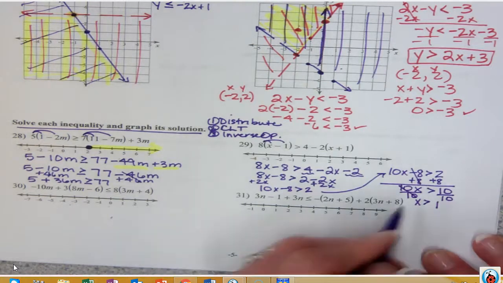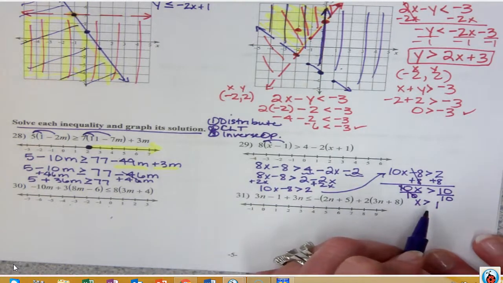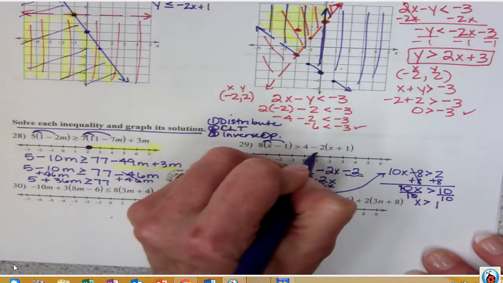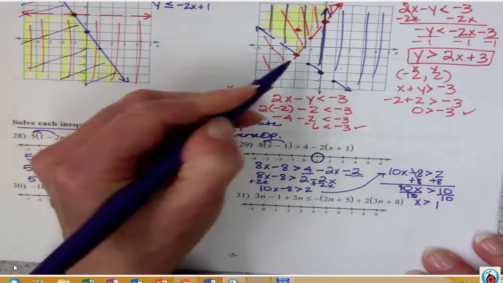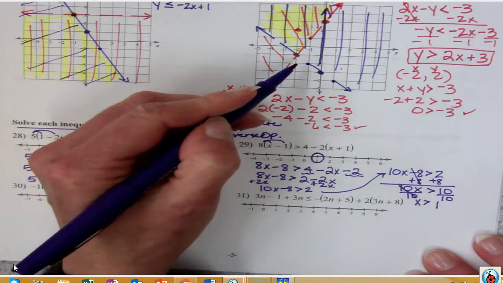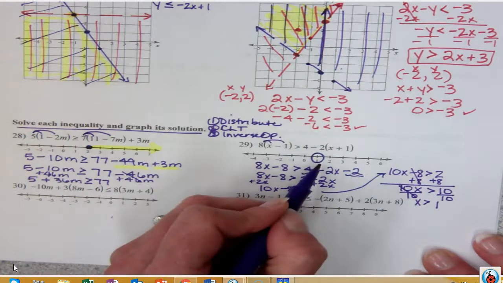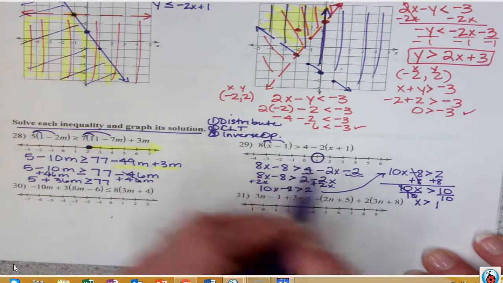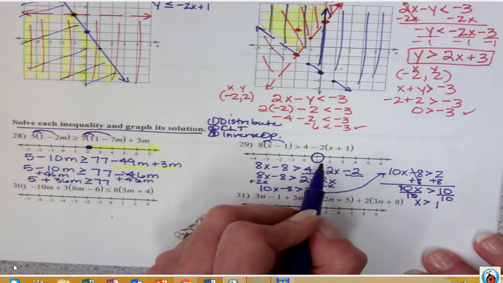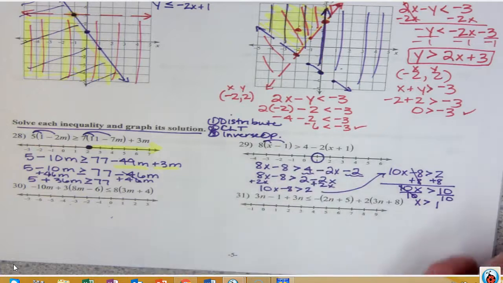So in order to graph that, it's not greater than or equal to, it's just greater than. So I'm going to up here use an open dot. Just like up here we used a dashed line to show open spaces, we're using an open dot to show the open space. That 1 is not included in our solution.